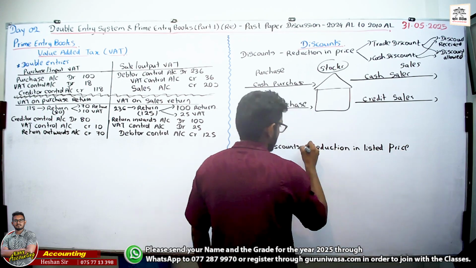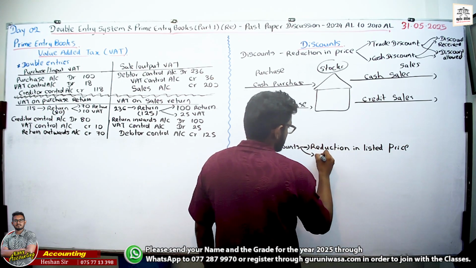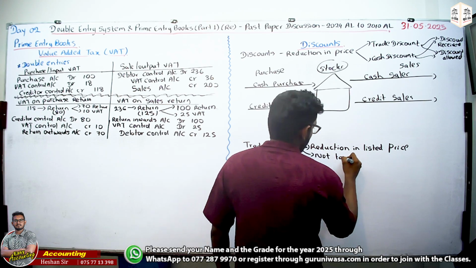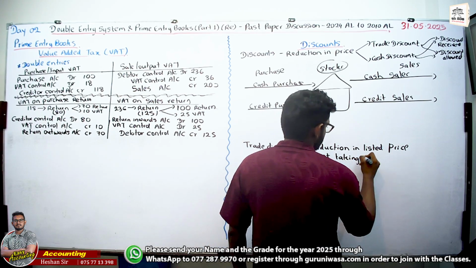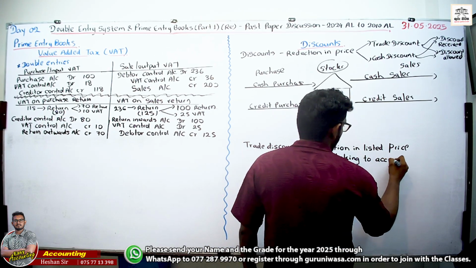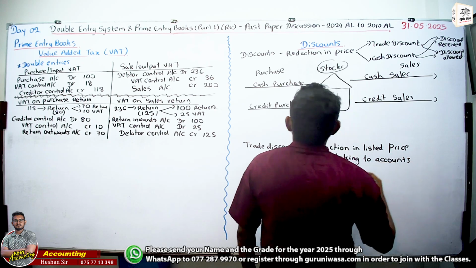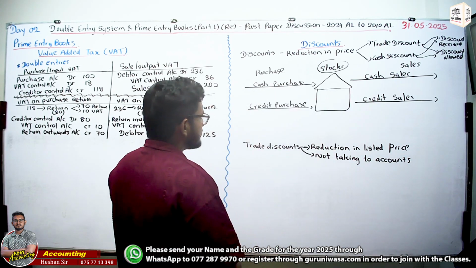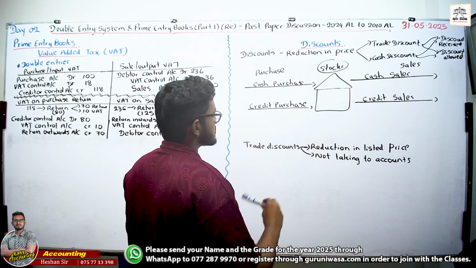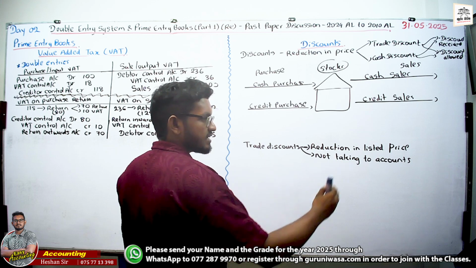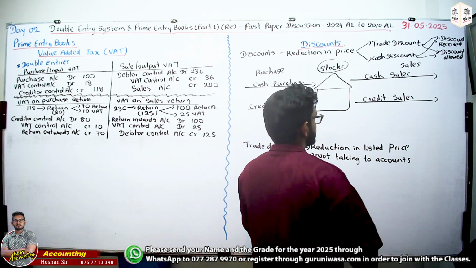Trade discounts are not taken to accounts, which means what? Now think, when we make a cash purchase or credit purchase, or when we make a cash sale or credit sale.